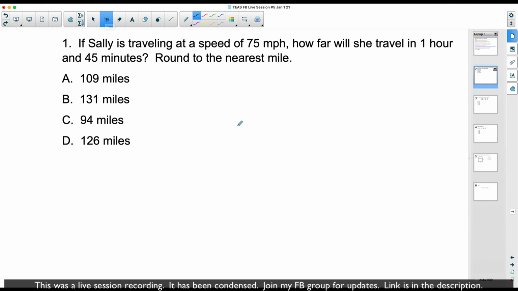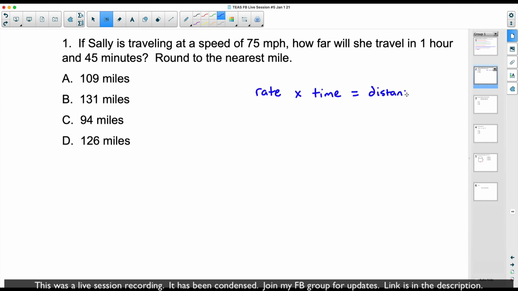Very good. Let's talk about this. Something I want you to make sure you don't mess up is if you have something dealing with hours and minutes. Now, we do have a distance, rate, time problem, and I have several of these over on my YouTube channel. The formula is, if we take the speed or the rate and multiply it by the time, this is going to be equal to the distance.